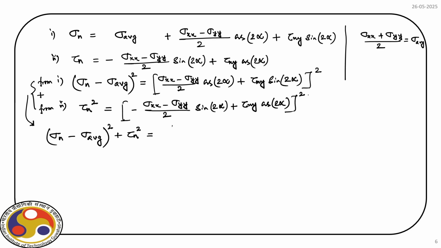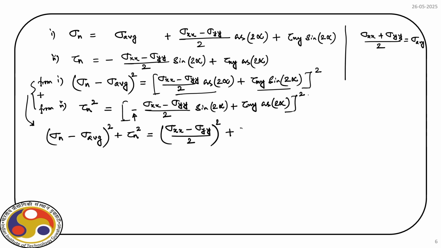So, the first term, sigma xx minus sigma yy by 2 whole square, we can take common, and cos square 2 alpha plus sine square 2 alpha is 1. The next term will be twice this expression times that expression, which will cancel because we have a negative sign in the second expression, so we do not need to worry about the twice product of these two terms.